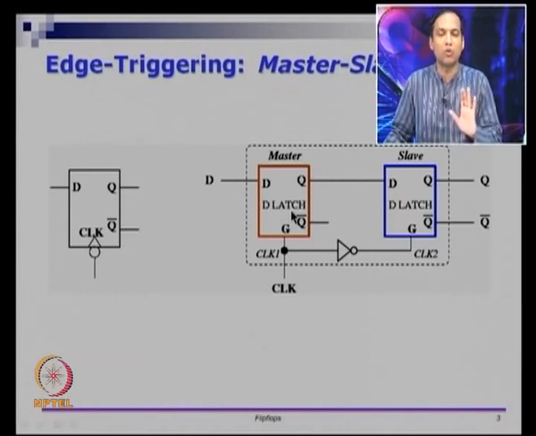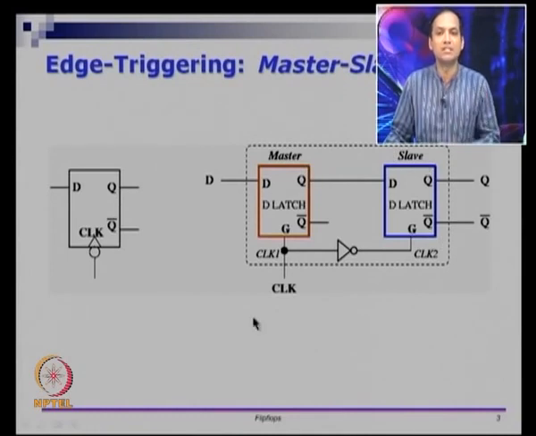So, the first thing I want you to see is this fact, that since G is the enable, when CLK is 1, master will be enabled, slave will be disabled, and when CLK is 0, master will be disabled and slave will be enabled.